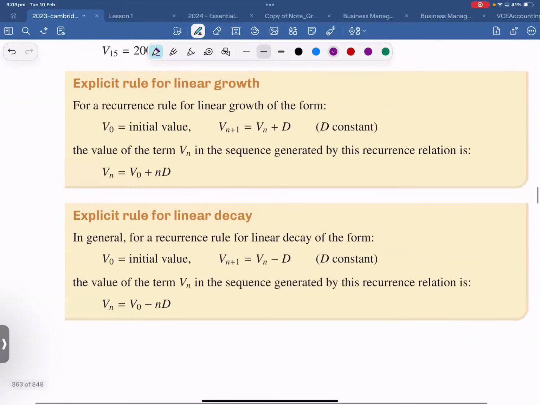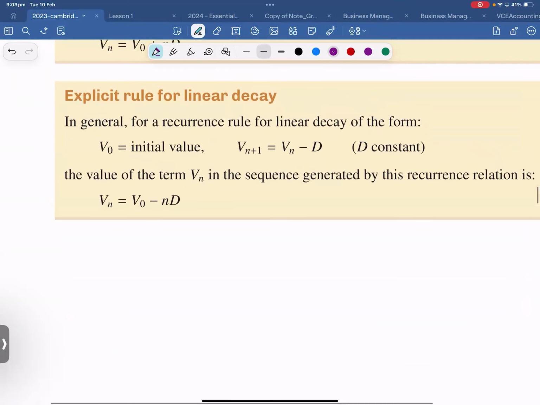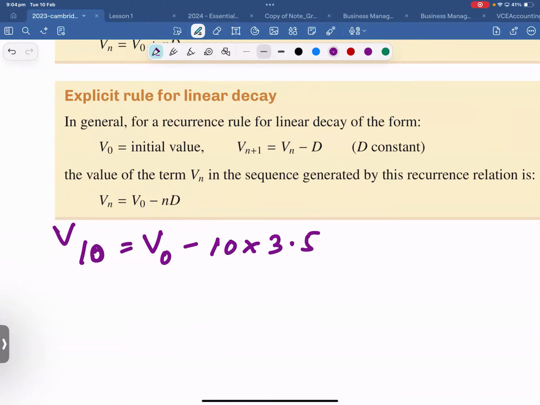Now, what does explicit rule mean? I will apply it to that lawnmower. Let's say we wanted to calculate the value of the mower after 10 uses. That means V10. You are going to find V10 straight away, rather than writing all those steps, because it will take ages. From V0, I'm going to find it straight away. That means 10 times 350. V0 we know is 270.